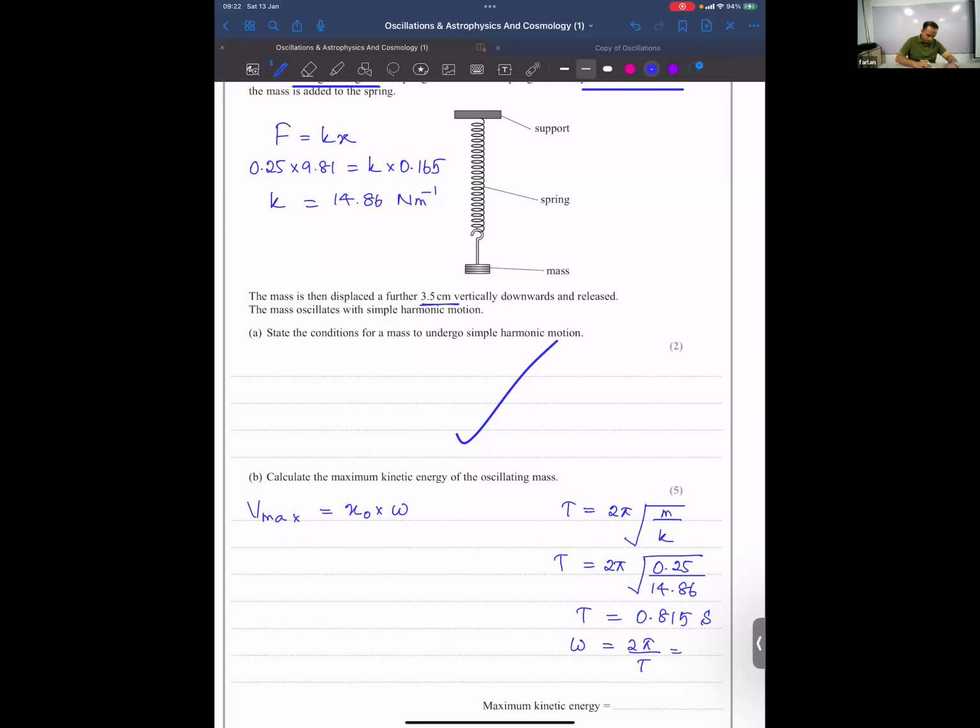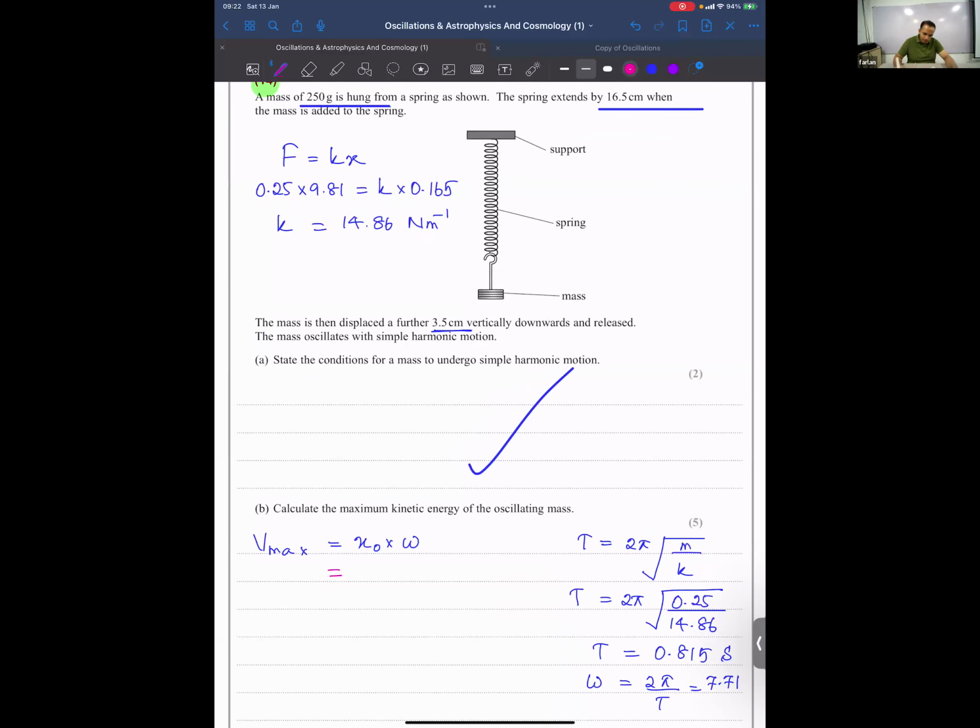I'm getting 7.71 radians per second. That is the omega. So the Vmax, coming back to Vmax, that is x naught into omega.